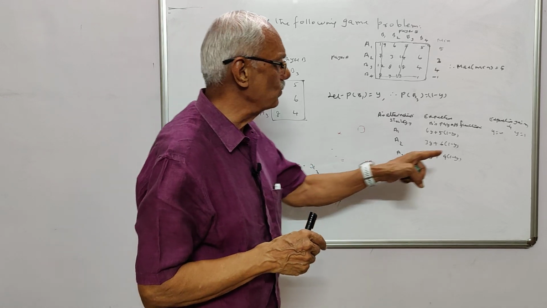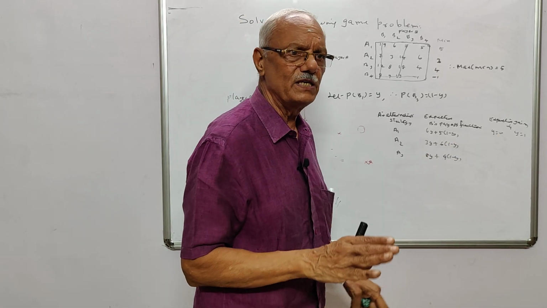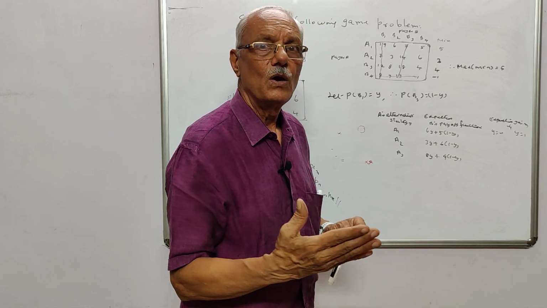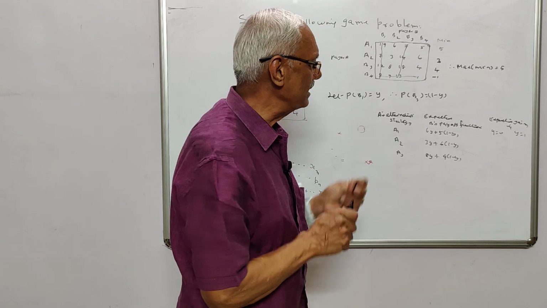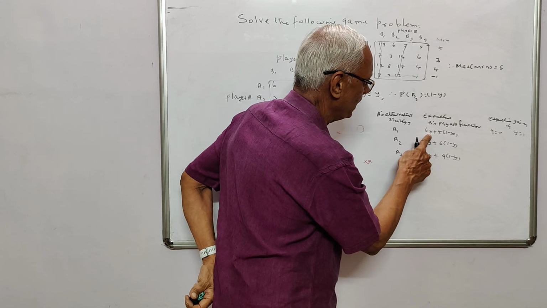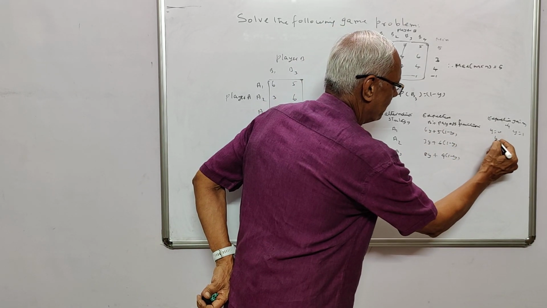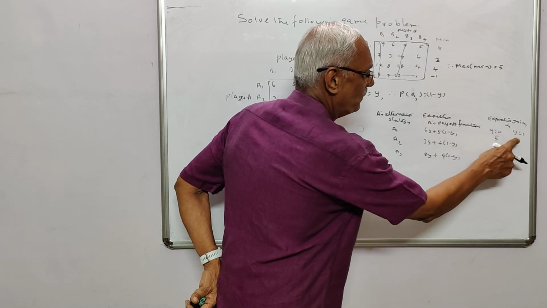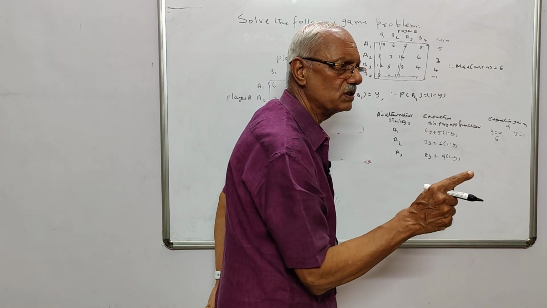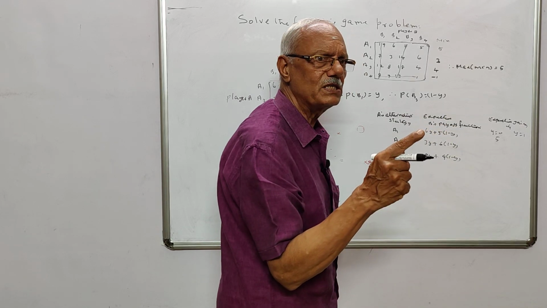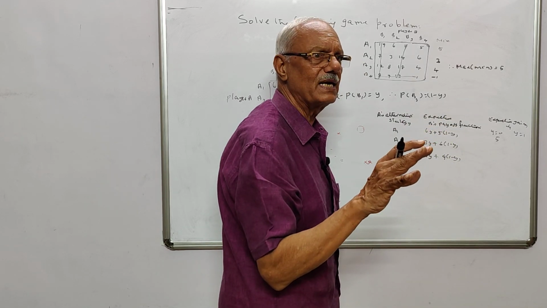Let us suppose he is going to use the strategy with y equal to 0. That means he is not going to use this strategy. What will be his gain? You put y equal to 0 here, this will be 0, and this is 5. And if he is going to definitely use the strategy with y equal to 1, that means he is going to use that strategy only.